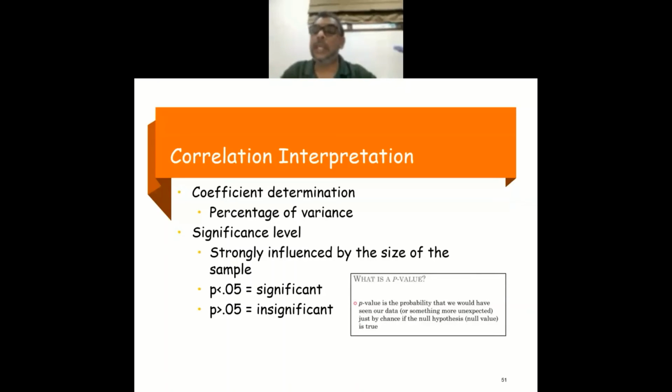Bila you nak accept a hypothesis, hypothesis Syarif mengatakan bahawa the more we fast, the more we lose weight. Itu Syarif punya hypothesis. So he does the research, he gets the value, masuk SPSS, he gets the R value of 0.9, meaning there is a strong relationship. But bila they check, P value is greater than 0.05. It's not significant, it's insignificant.